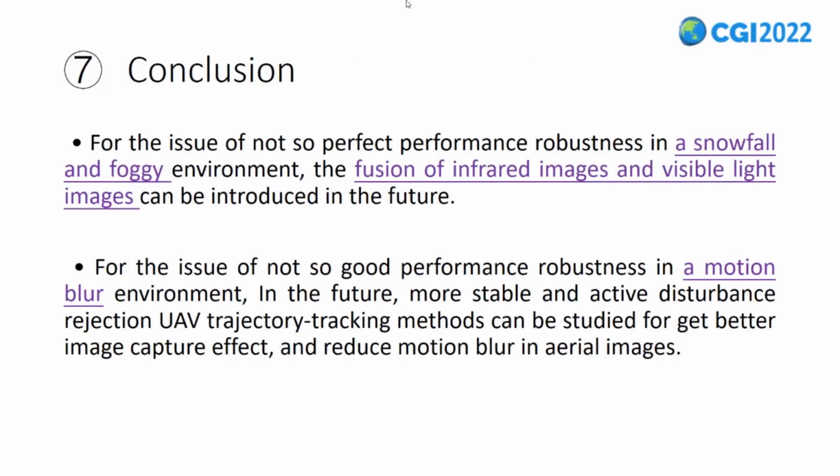For the issue of not-so-good performance robustness in motion blur environments, in the future we can use more stable active disturbance rejection UAV trajectory tracking methods to get a better image capture effect.